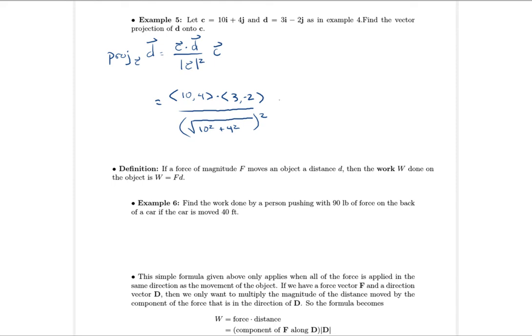And then this is times the vector C. So on top there, we've already done this, 30 plus negative 8. On the bottom, we know that turns into 116. So we get 22 over 116 times the vector 10, 4.